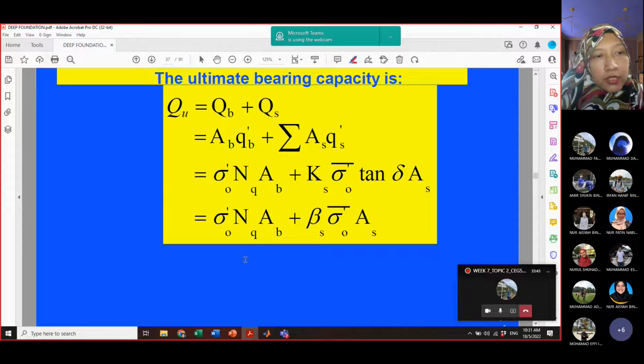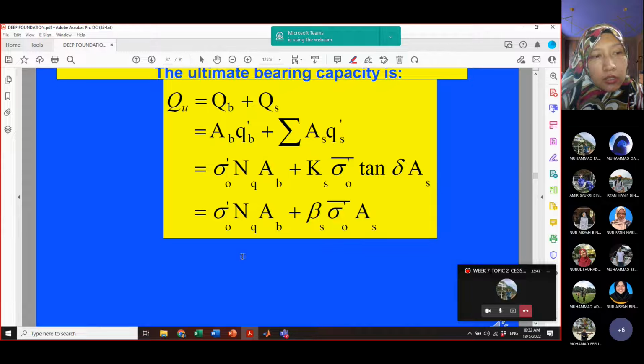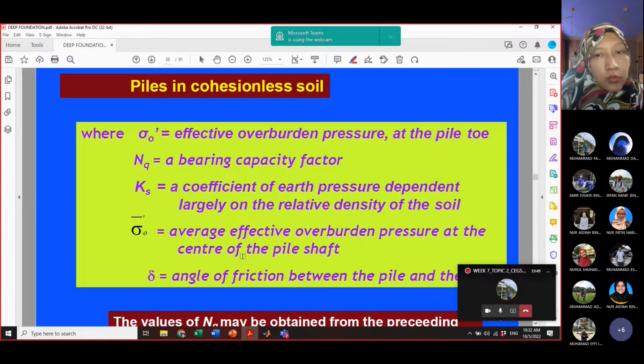Dia berada pada first layer ataupun second layer ataupun third layer ataupun dia adalah homogeneous sand layer. Kalau dia homogeneous sand layer, dia tak ada masalah. Sebab apa? Sebab kita hanya ada satu nilai NQ ataupun satu nilai, or we can calculate the overburden pressure at the last step. Itu yang simple kalau dia melibatkan single layer of the soil.